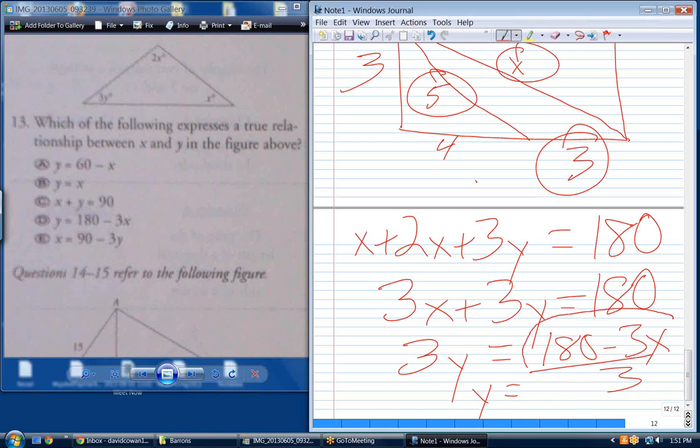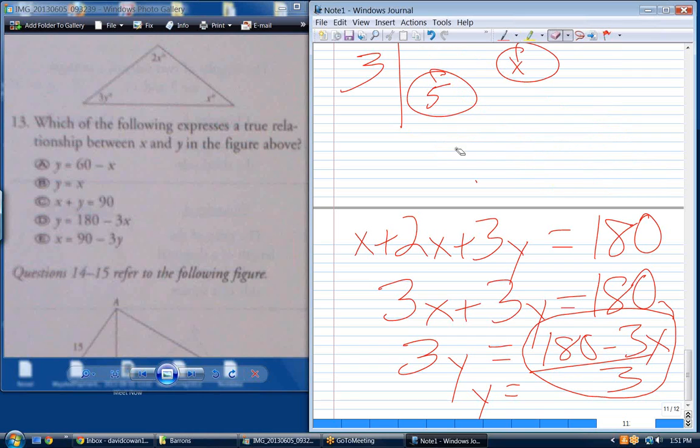In other words, simplify that by breaking it into 2 fractions. 180 divided by 3 is 60, right? And then it would just be minus x. Which is answer A.